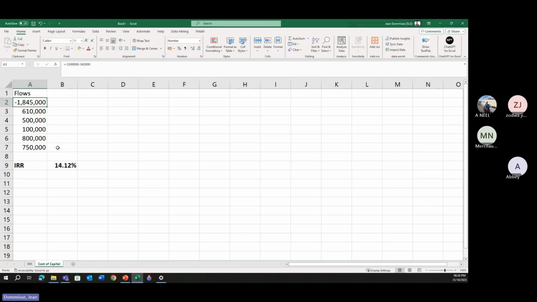So it's nearly exactly the same internal rate of return and cost of capital methodology. Again, you can use Excel, you can use your calculator. I will again share this with you guys so that you can use it if you want to.